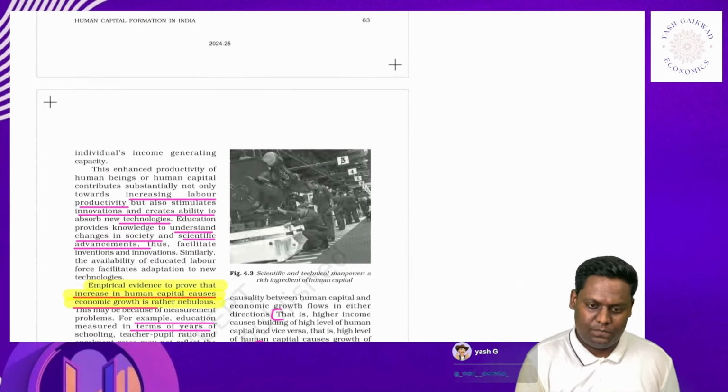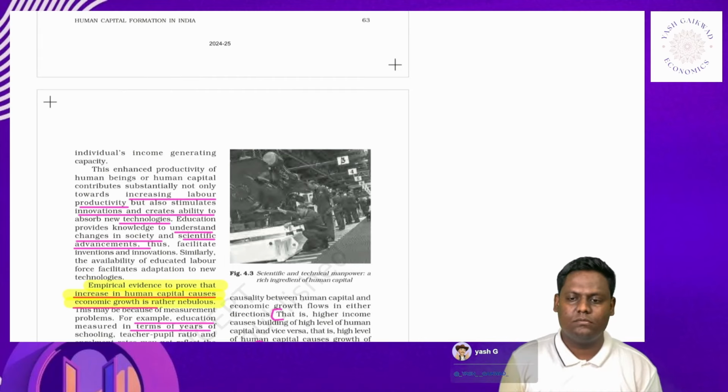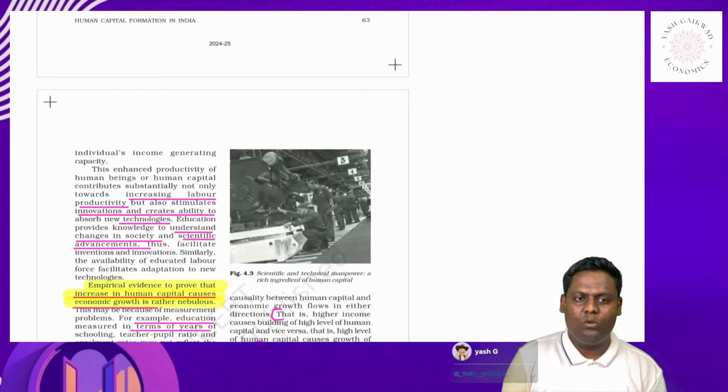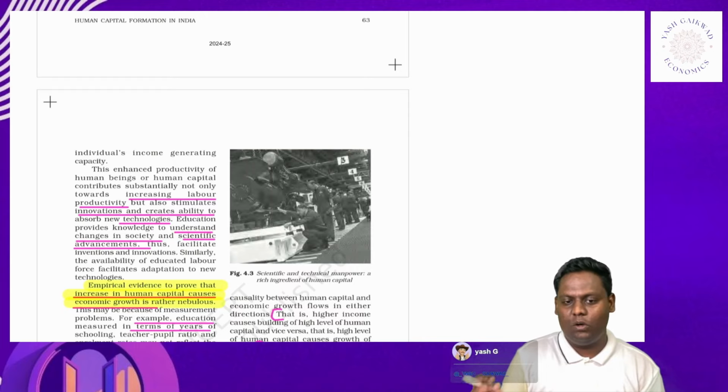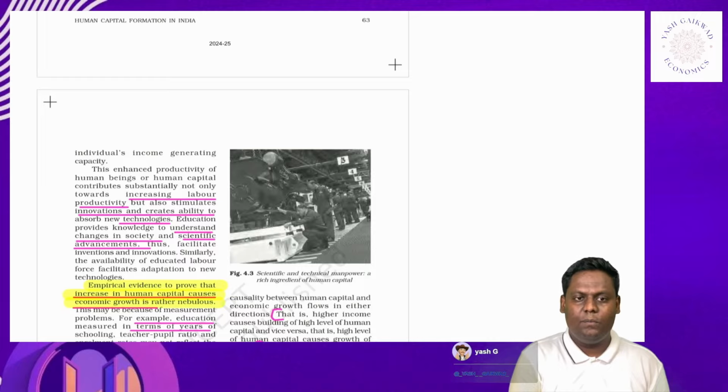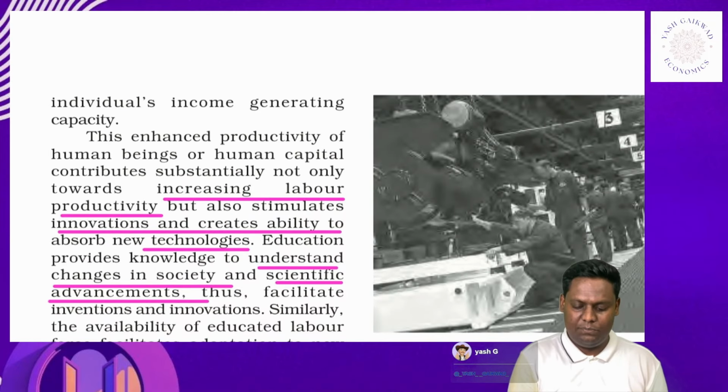However, we can conclude that although the results may not be immediate, we should always strive to invest in better human capital, because, number one, it will increase productivity.